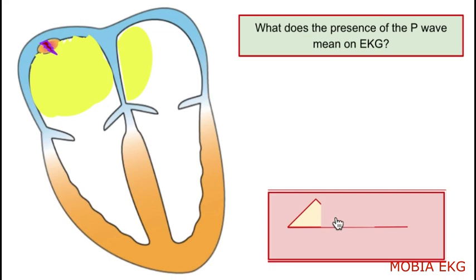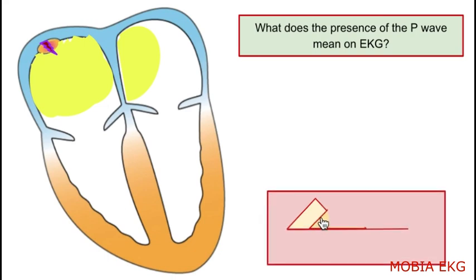But continuous depolarization in the left atrium can be detected by another positive deflection from the isoelectric line. The second deflection is related to the depolarization of the left atrial tissue.